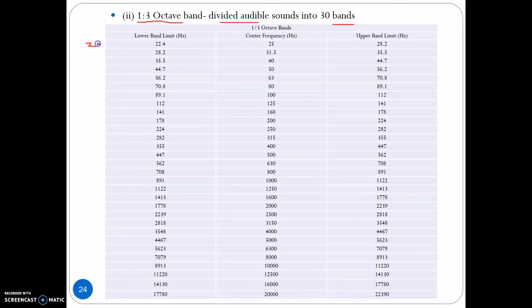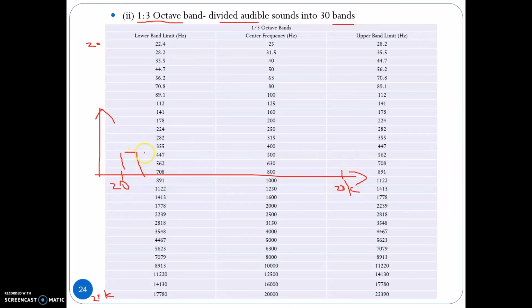The audible sound is from 20 Hz to 20 kHz. So if you plot the graph from 20 to 20 kHz here, now instead of having 10 bands, we are having 1, 2, 3 up to 30 bands.